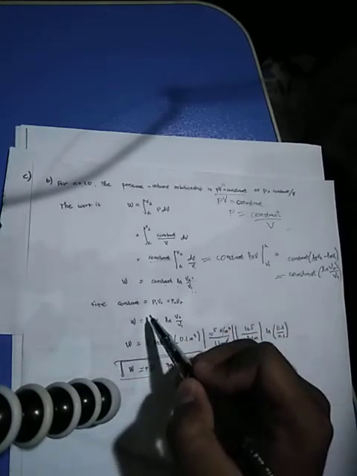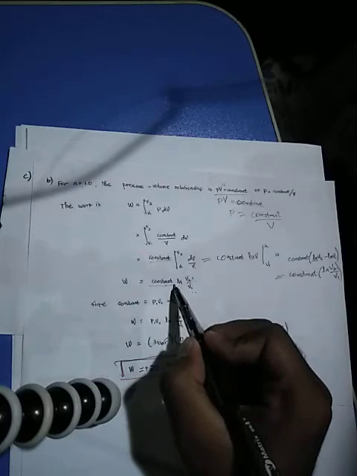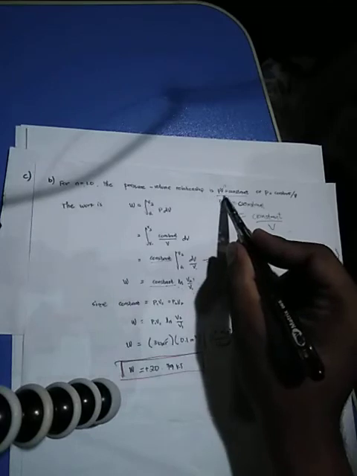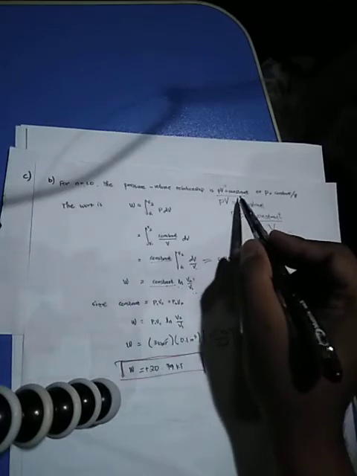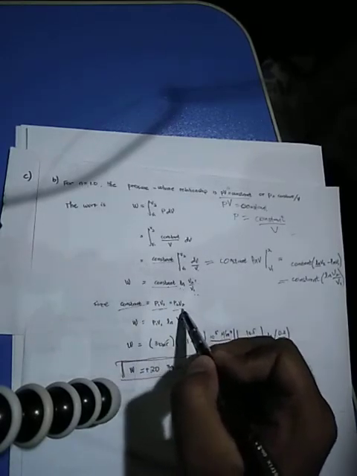Okay? Now, since hindi pa natin alam si constant, pwede natin siyang hanapin by using this expression here. Pag sinabi mong PV is equals to constant, it means that in any state, it is always constant. So that's why pwede natin sabihin as constant is equals to P1 V1, which is also equals to P2 V2.